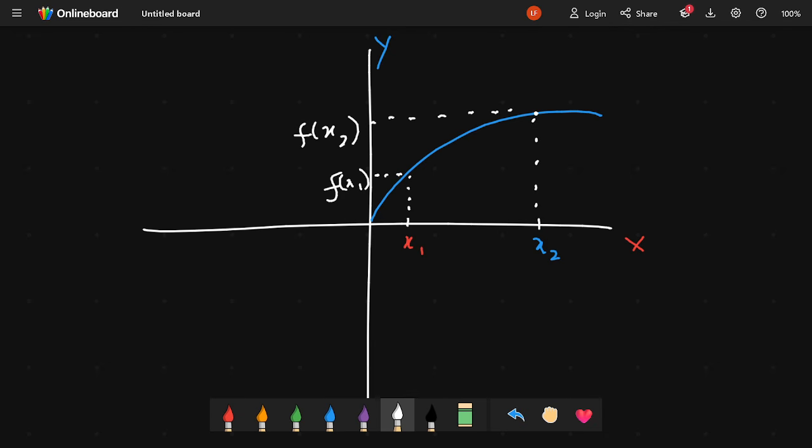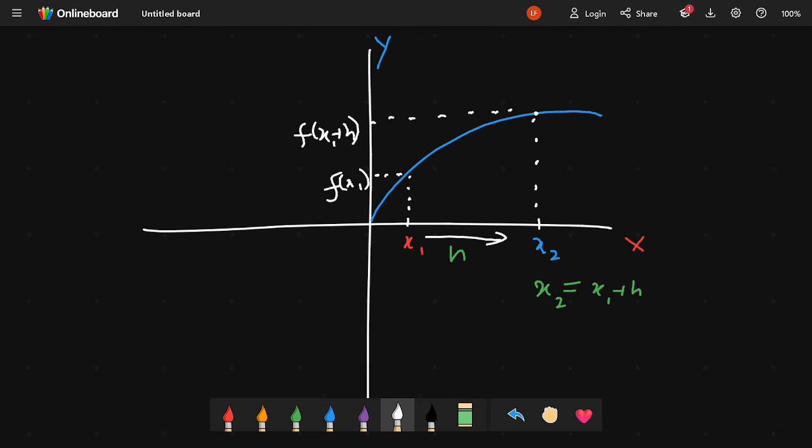Now, what is x2? Let's say we added some distance h here. So x2 would be equal to x1 plus h. So we could write here f of x1 plus h.